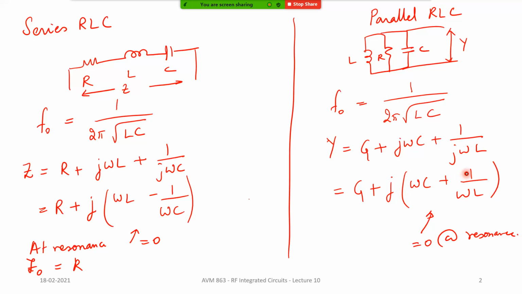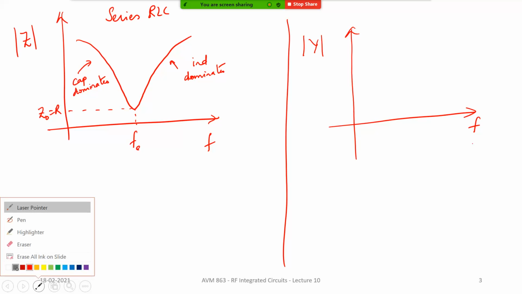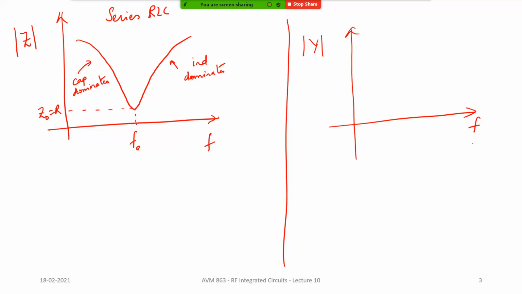Inductor. The inductor is going to dominate the admittance term, and at higher frequencies, the capacitance is going to dominate. So if we plot the magnitude of Y, it will also be something like this, where this is basically your G.